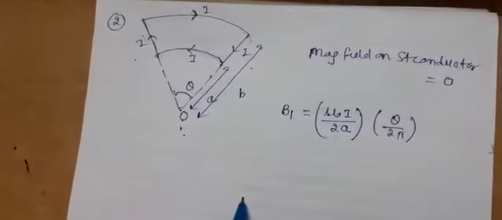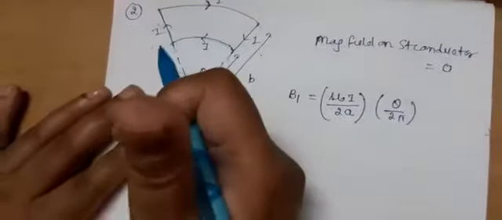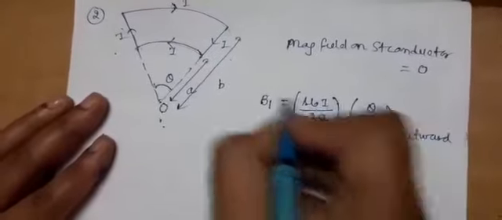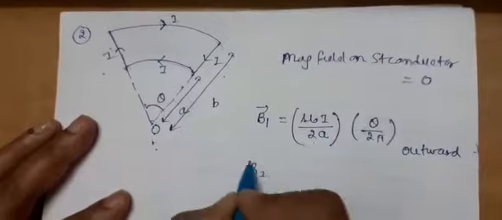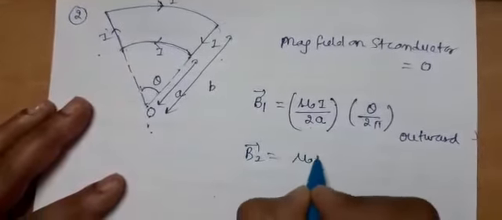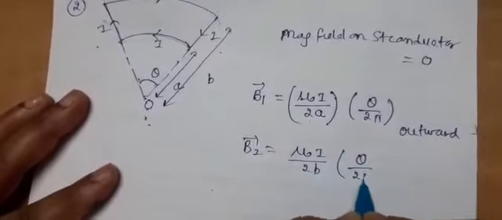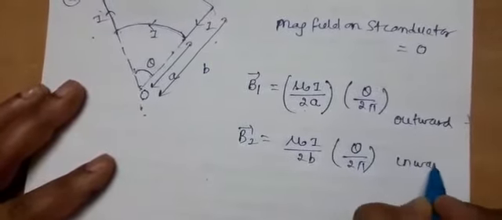So for this inner arc, the direction of the magnetic field is outward. Similarly, for the outer arc, this will be mu naught I upon 2B, and the angle subtended is the same, theta upon 2 pi, and this direction will be inward.